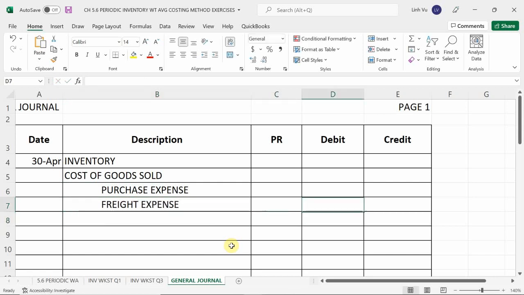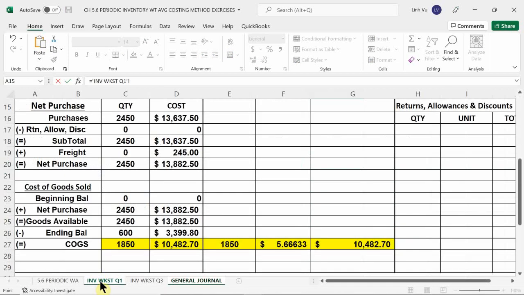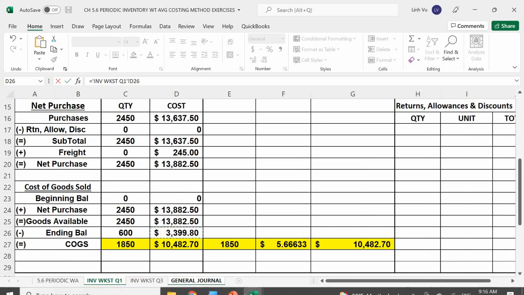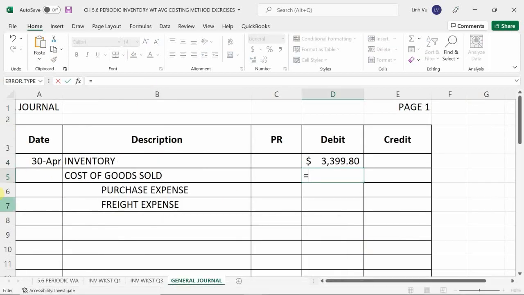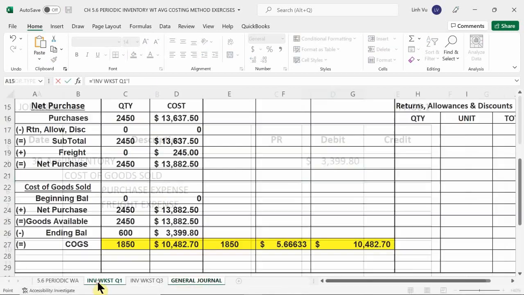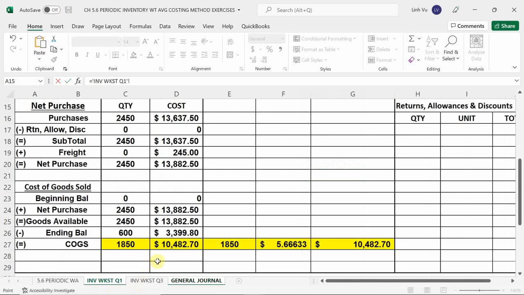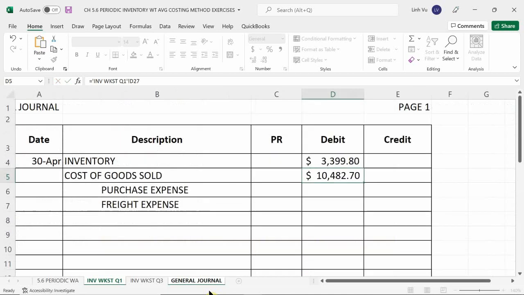Okay. So in this case, what was the total value of my ending inventory? $3,399.80. Good. And what was my total cost of goods sold? $10,482.70.